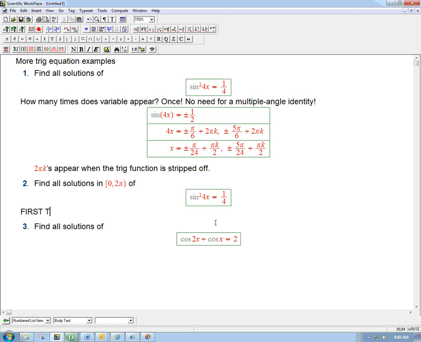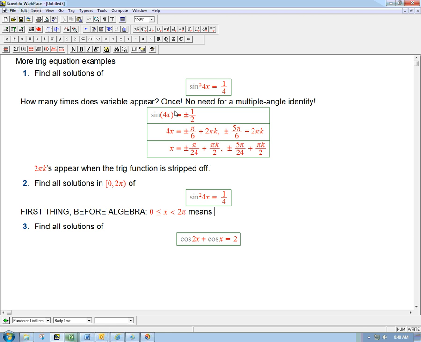First thing, before doing any algebra with the actual equation, I look at this 4x, and I'm going to translate this into inequalities. If 0 is less than or equal to x, which is less than 2 pi, what does that mean about 4x?